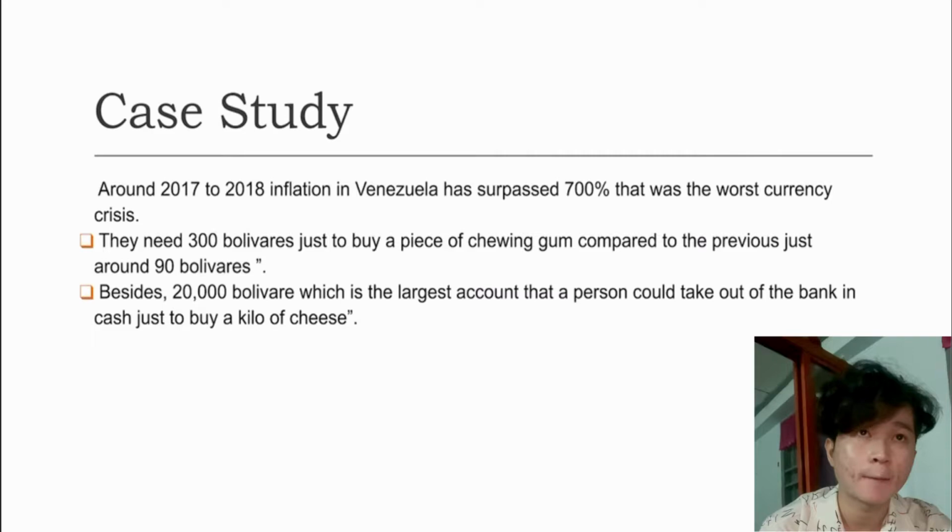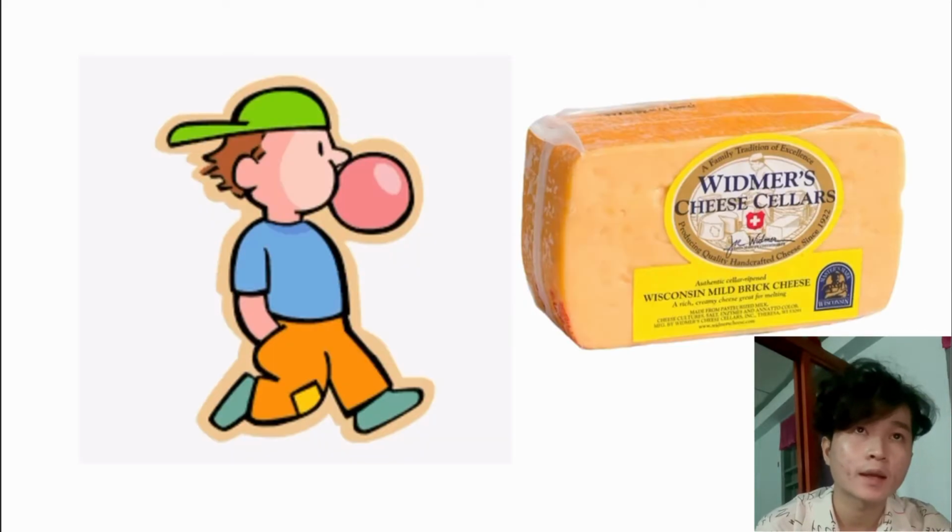According to interviews with citizens, they said they needed 300 bolivars just to buy a piece of chewing gum compared to just around 90 bolivars previously. Besides, 20,000 bolivars, which is the largest amount a person could take out of the bank, only covers the cost of a kilo of cheese.